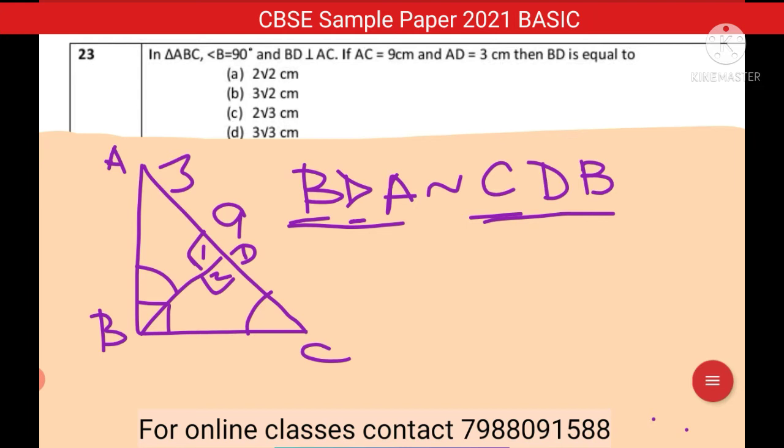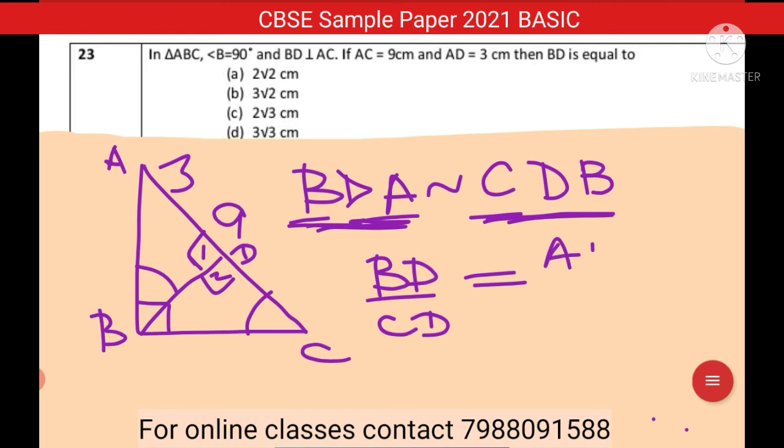Students, please watch the detailed video on similarity on the channel from NCERT, where I have explained these questions and how to decide the order. Now once order is correct, let us write down the ratio. Taking first two alphabets, I get BD upon CD, and then taking next two alphabets, I get AD over BD. If you write down the correct order, then writing ratio becomes very easy.